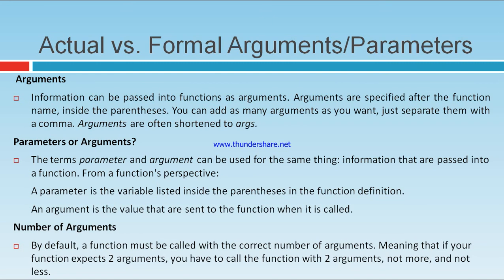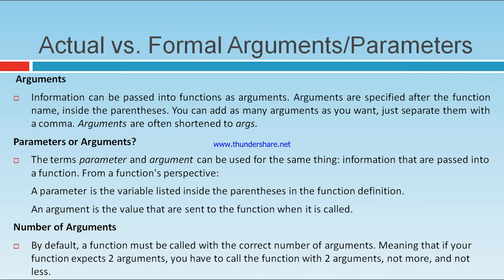It is known as parameter. An argument is the value that are sent to the function when it is called. Clear? Now, number of arguments. By default, a function must be called with the correct number of arguments. Means, if your function accept 2 arguments, you have to call the function with 2 arguments only, not more and not less.